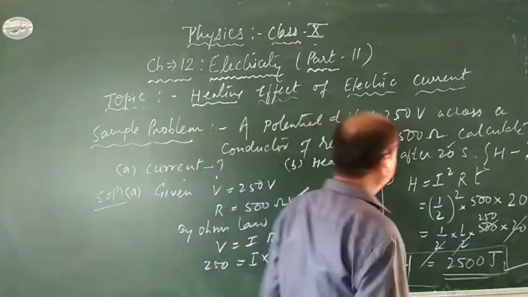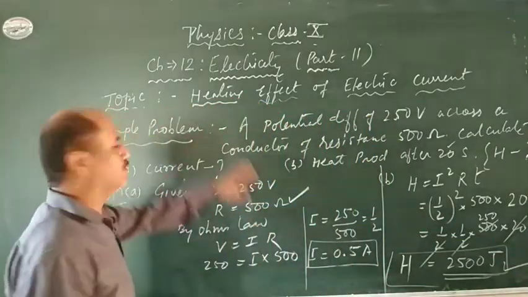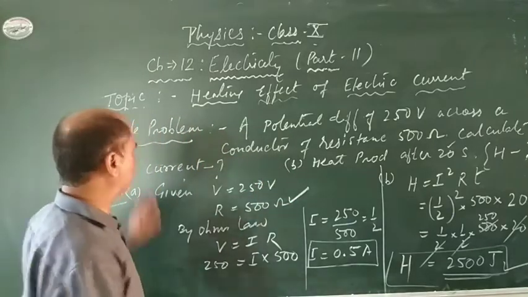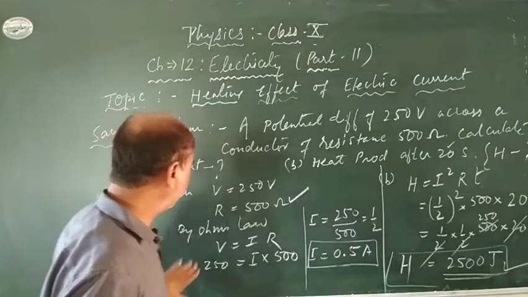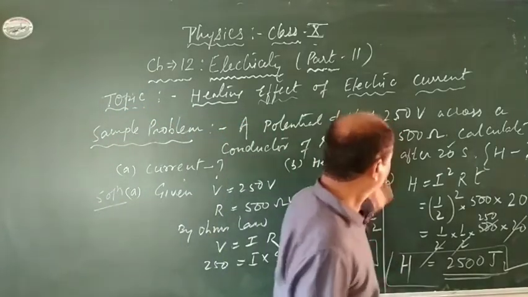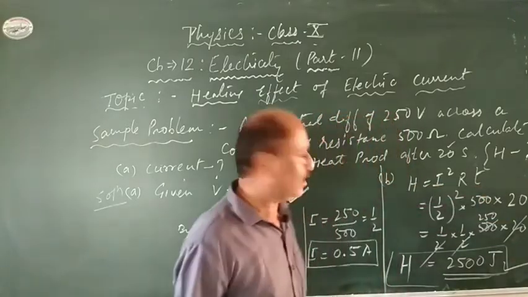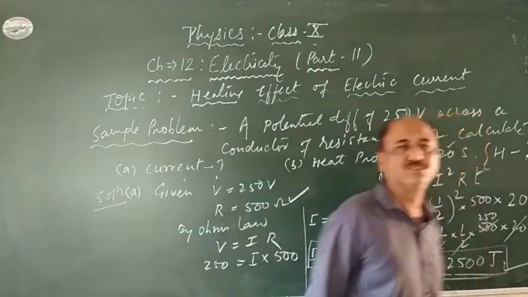So students, this is the way we are going through the numericals. Two parts are given, current and heat. We first found the current by the Ohm's law relation, and after getting I, we entered the second part to find H, that is I squared RT, and finally H we obtained 2500 joules.